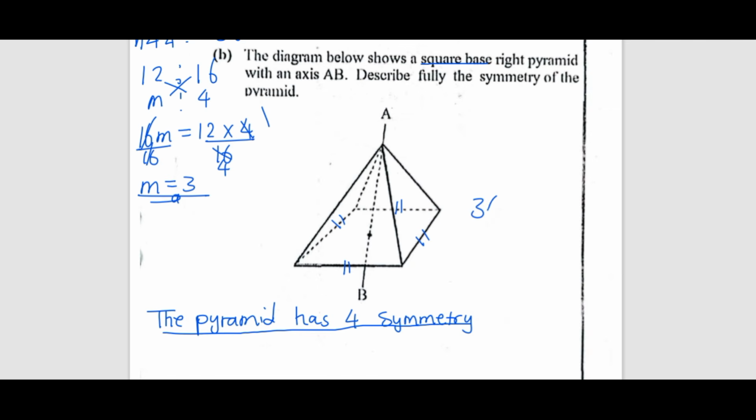So it's 360 over 4. 4 into 360 is 90. So this means that this pyramid has an order of rotation 4 and angle of rotation 90 degrees.